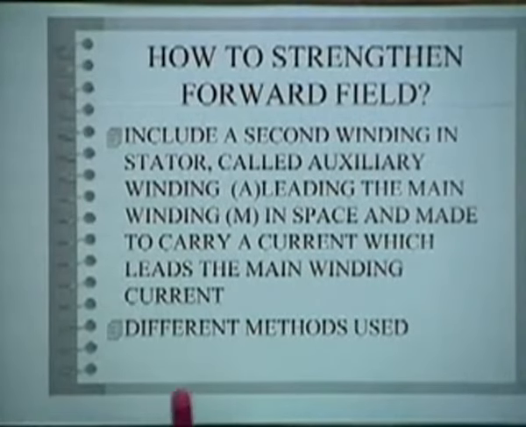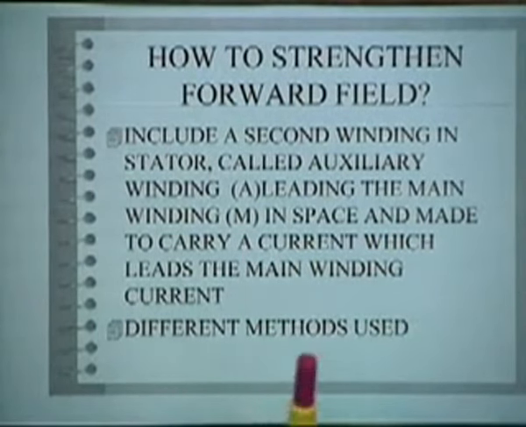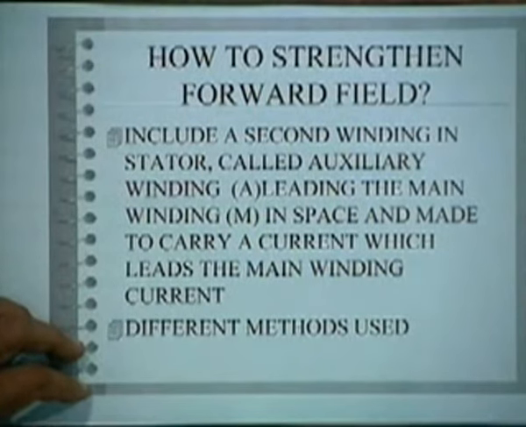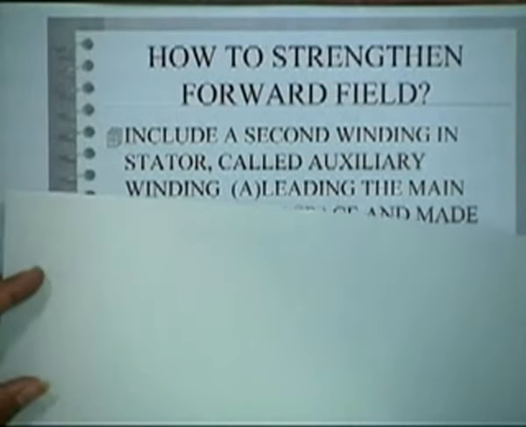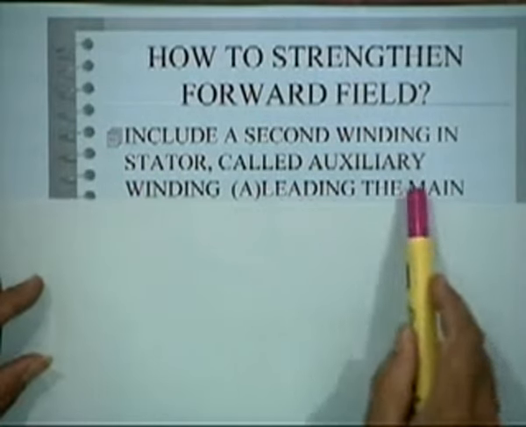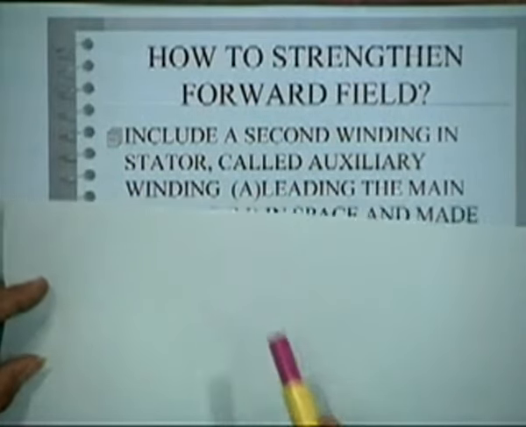Now how do you do that? Next, we know what is to be done. Then how to strengthen the forward field? So what we do is include a second winding in the stator, not one more winding you add. It is called an auxiliary winding.